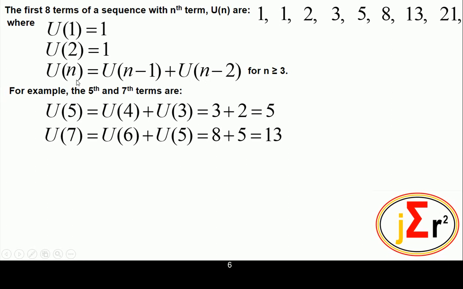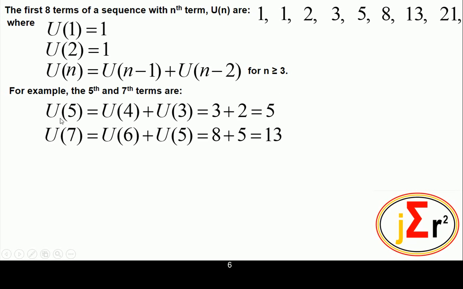So in all, if we have u5, or we may say it is u of 5 as expressed in the terminology of functions, where this would be read u of 5 is equal to u of 4 plus u of 3.